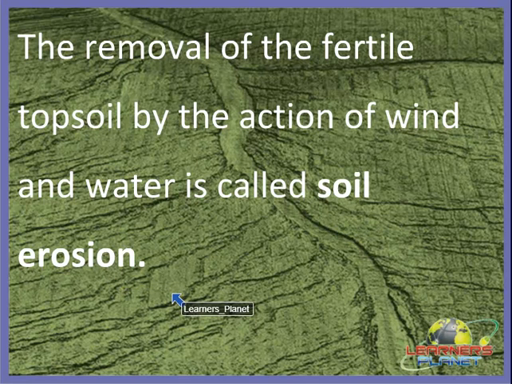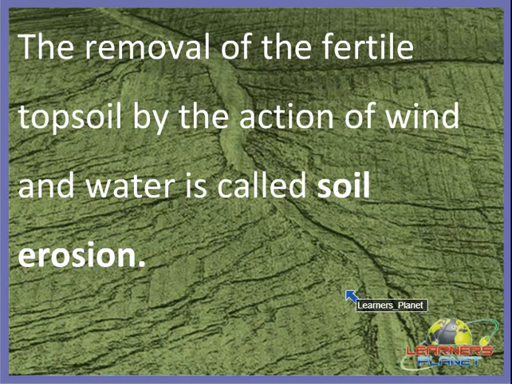So when soil erosion happens, as we just saw in the picture, by the action of wind and water, that is, if a storm or flood occurs, then there will be removal of the fertile topsoil and it will cause soil erosion. Right? So plants cannot grow on this type of land which you see in the picture.